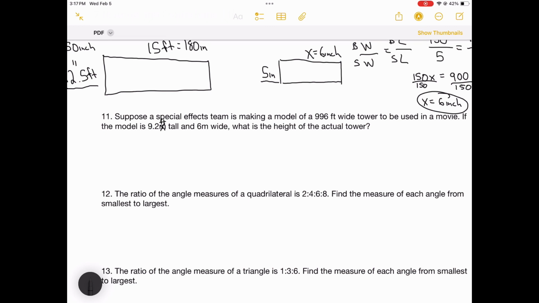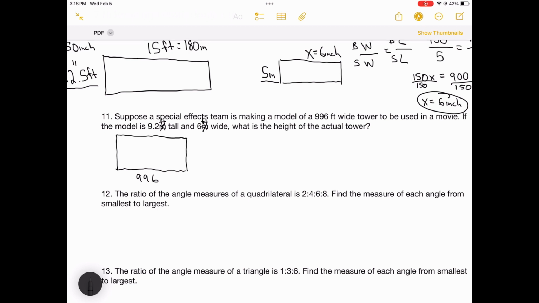All right. Suppose a special effects team is making a model of a 996 wide tower used in a movie. If the model is, okay, and this is not drawn to scale. Obviously, this one looks like it's going to be taller than it is wide, but, you know, I just have to give you a visual here.